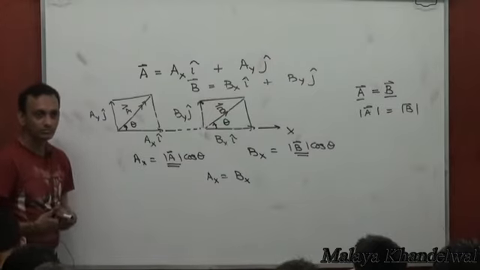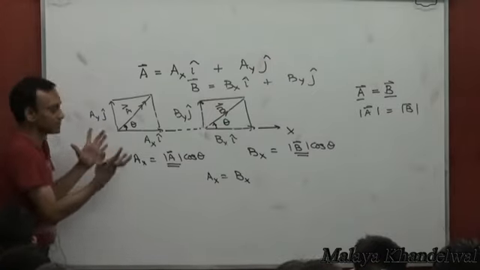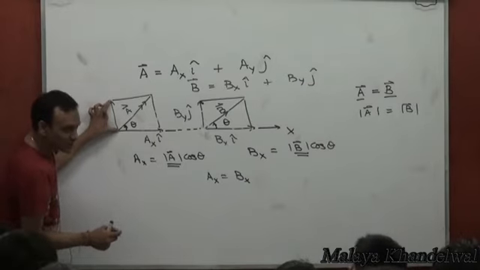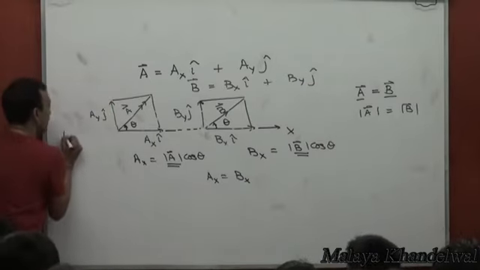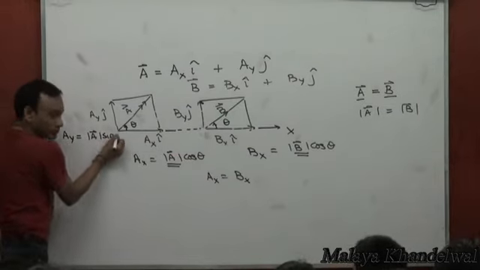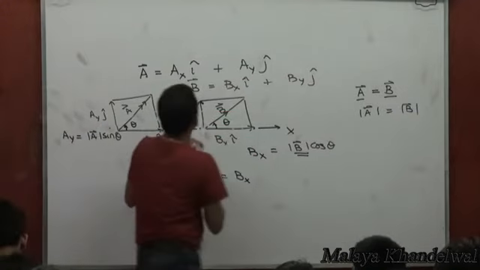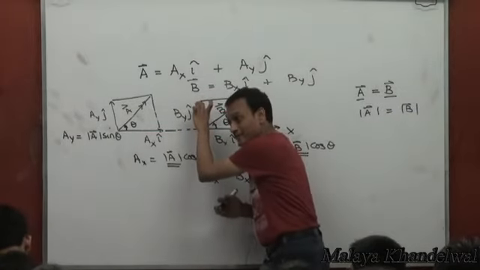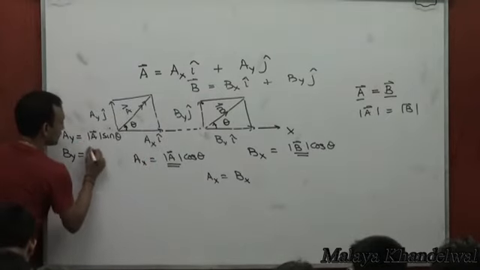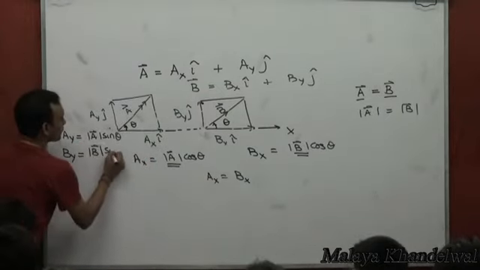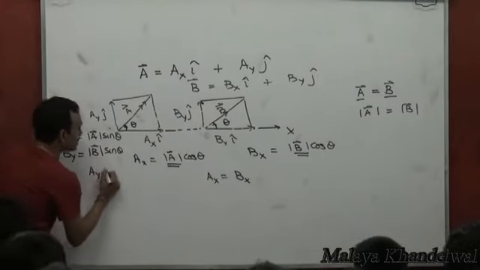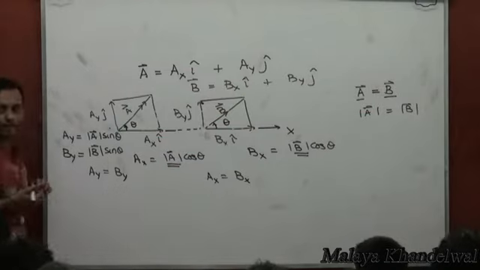Right? And similarly, what is this length equal to? Mod A sin theta. So AY is mod A sin theta. Clear? And BY would be mod B sin theta. Okay. But again, mod A is the same as mod B. So AY must be equal to BY.